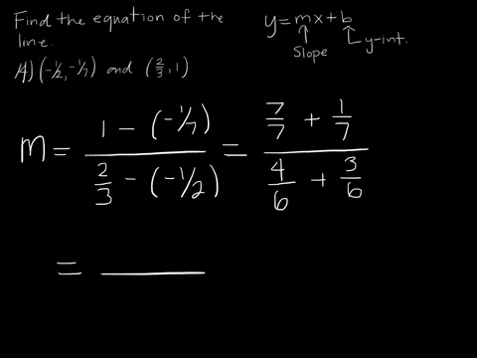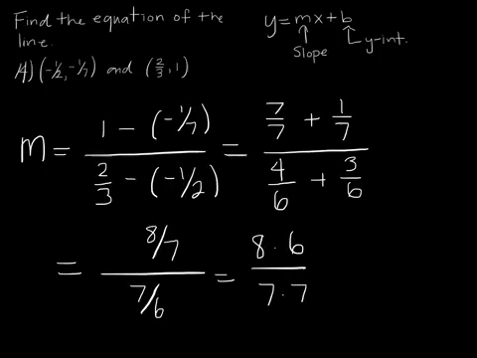Putting the numerators together, I have 8 over 7, and putting the fractions in the denominator together, I have 7 over 6, and this simplifies to 8 times 6 over 7 times 7, which is 48 over 49. And I have found my m value.